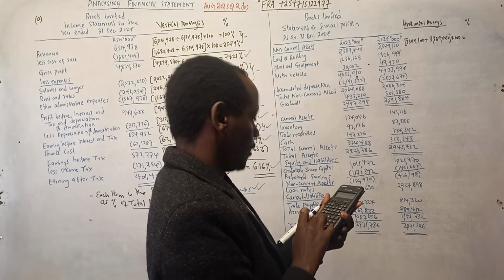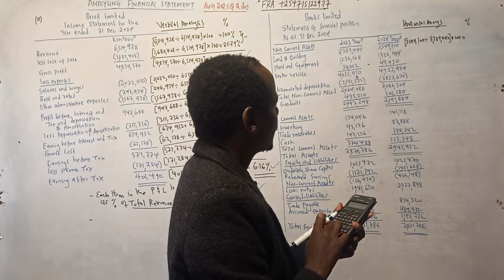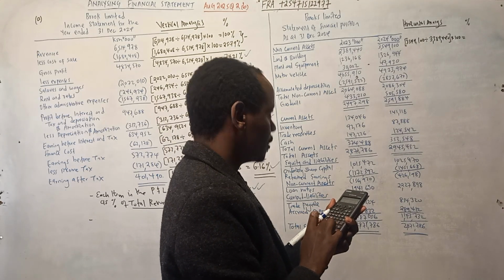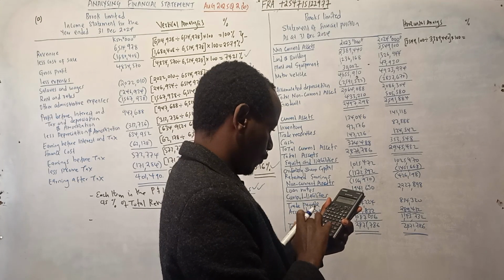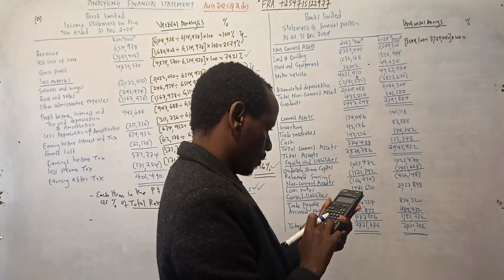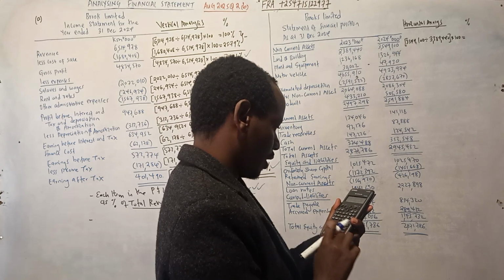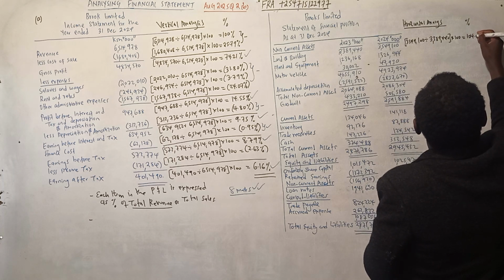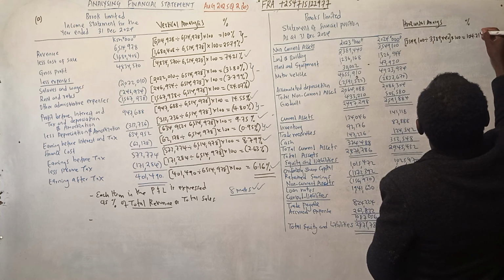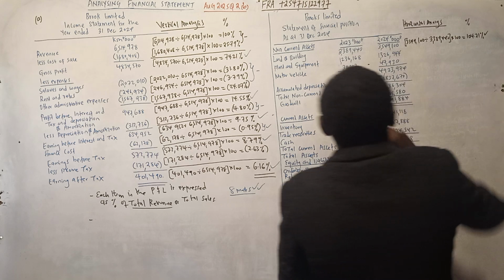So 3,549,100 divided by 3,389,440, times 100. That is 104.71%. We go to the next item.